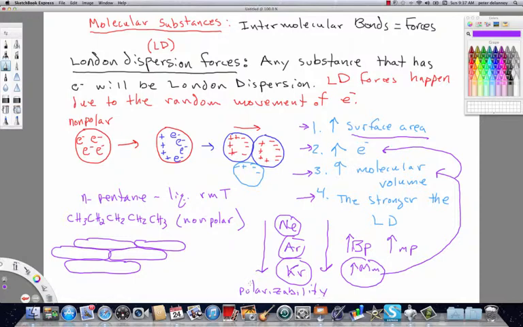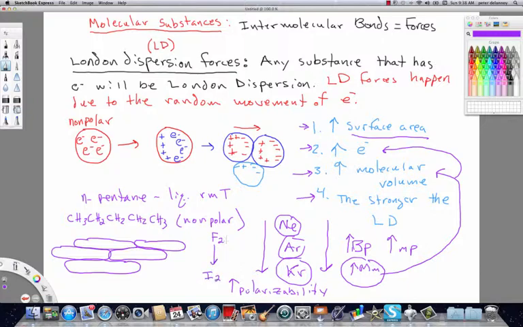Polarizability, sorry about the spelling. The polarizability of the atoms, not molecules, of the atoms, is going up. That means the intensity of the charge differentials is increasing, which explains why the boiling point and the melting point of these atoms is going up. The same argument can be applied to fluorine through iodine.